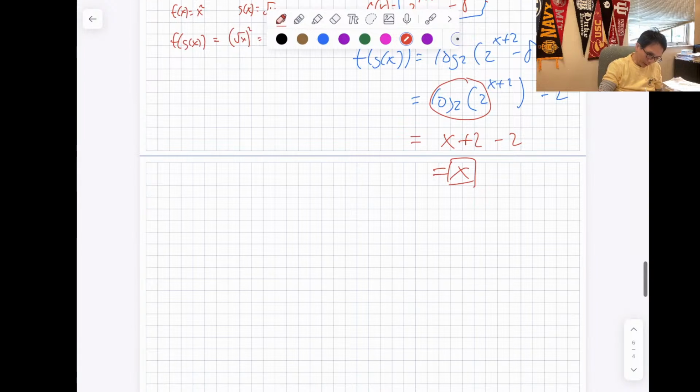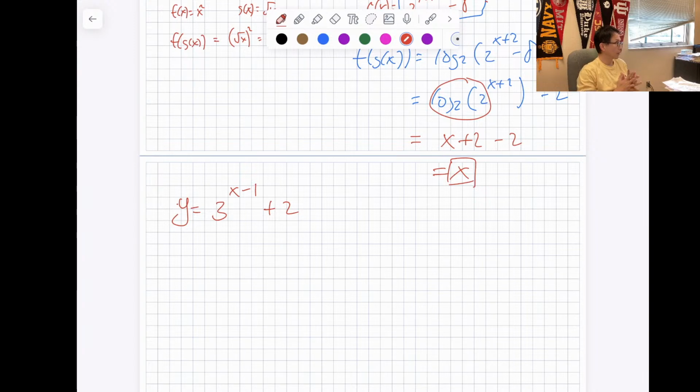Okay, so today, I say, hey, can you find out 3 to the x minus 1 plus 2? I say, hey, can you find the inverse of this function? Let's try it. We go the other way now. We're going backwards.